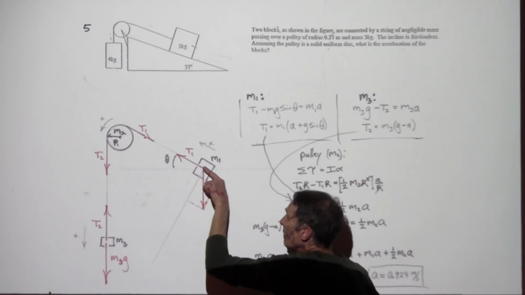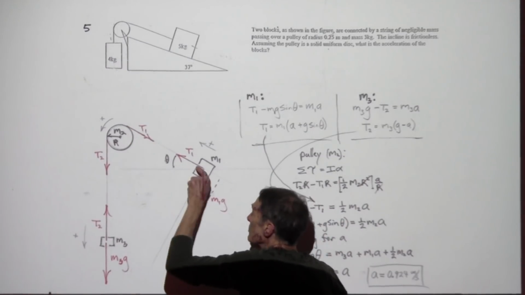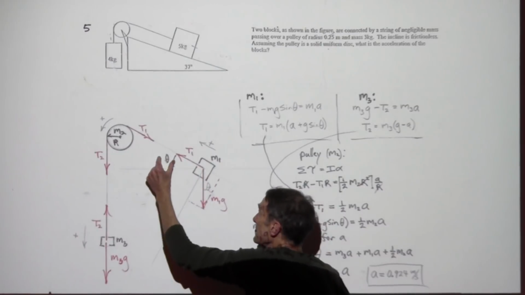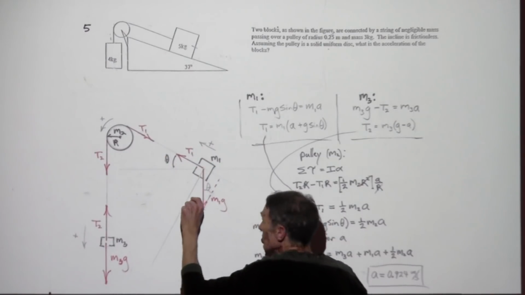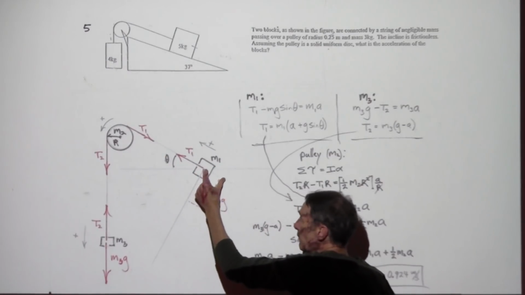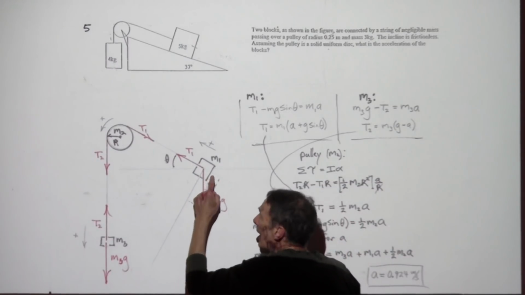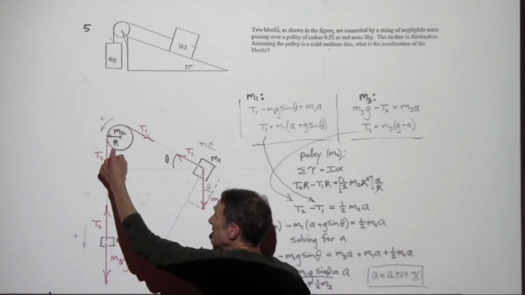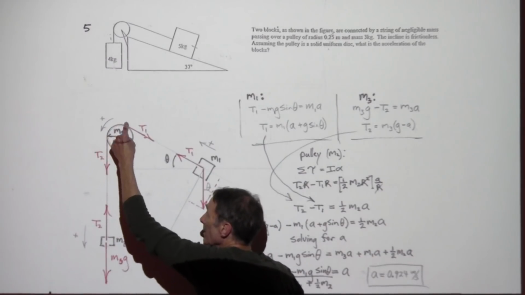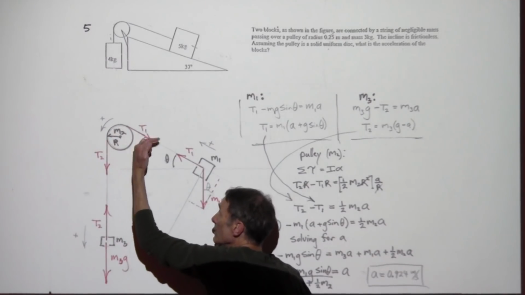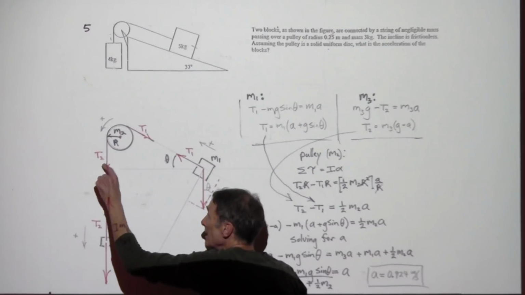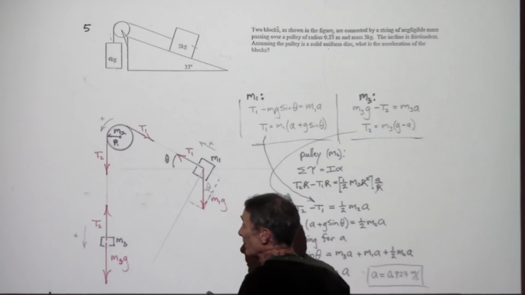This thing, with the tension on this other side, wants to pull this mass up, and I'm calling this the plus direction. Gravity is fighting that, having a component in the negative direction. This T1 wants to rotate the pulley in this direction. This T wants to rotate it in the other direction.